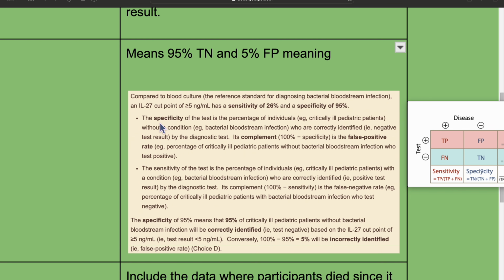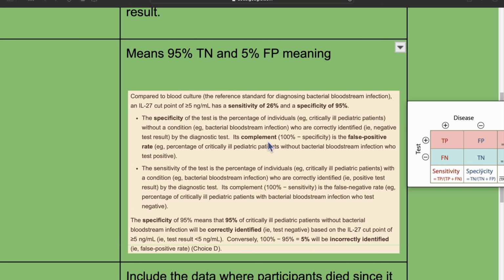The specificity of the test is the percentage of individuals, that is critically ill pediatric patients, without a condition, for example, bacterial bloodstream infection, who are correctly identified, that is negative test results by the diagnostic tests.